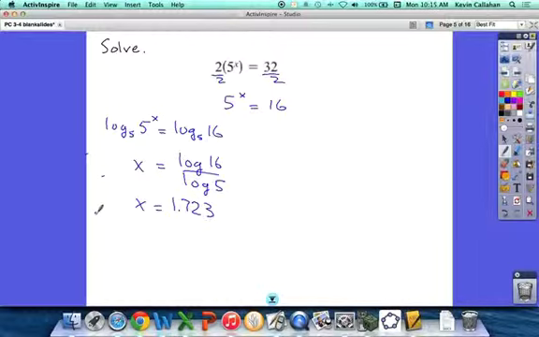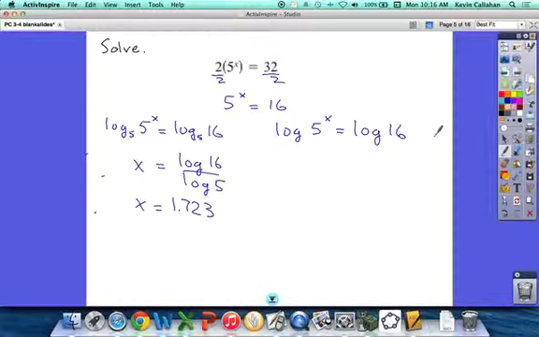Okay, now you could have decided, I'm going to take log base 10 of both sides. It would look like this. Log of 5 to the x equals the log of 16. And then you can use the power property, right?